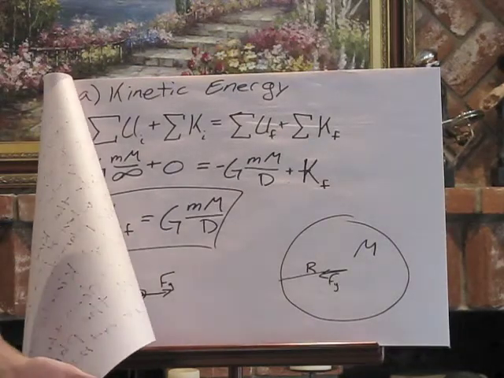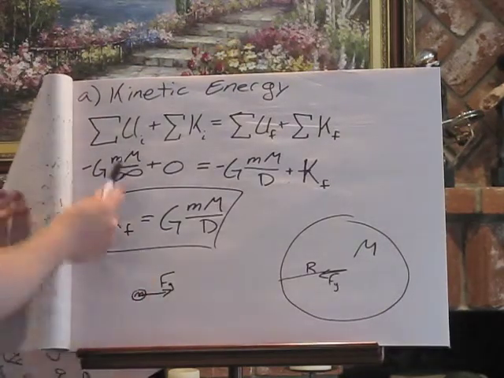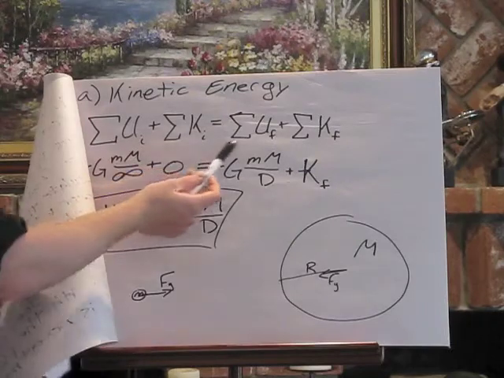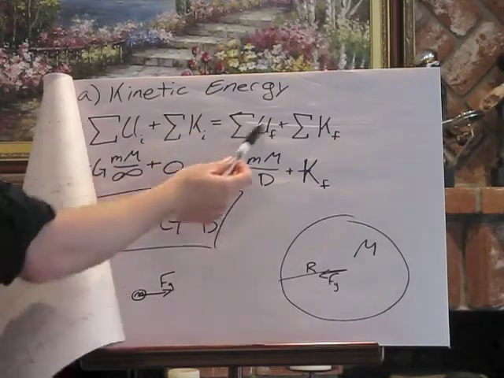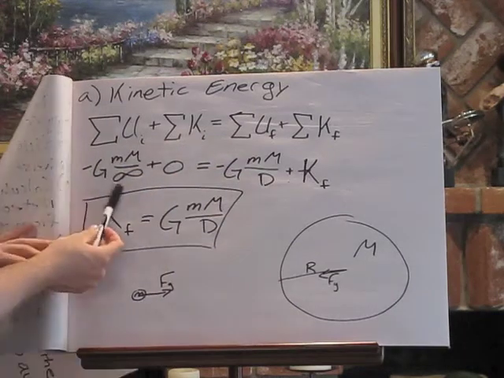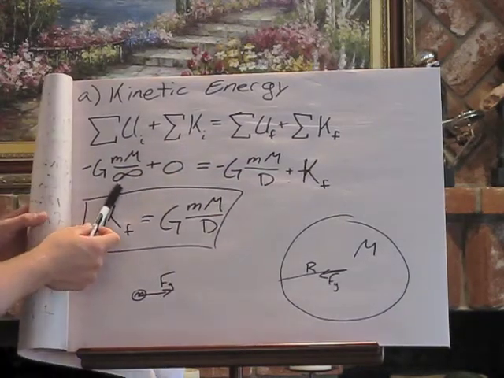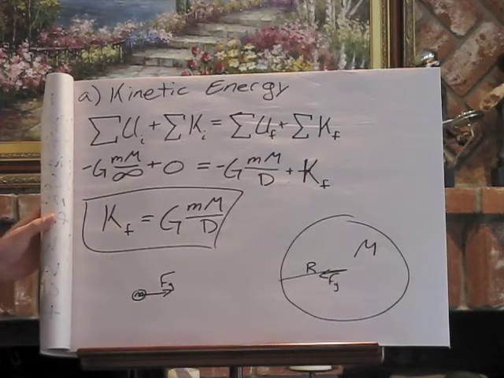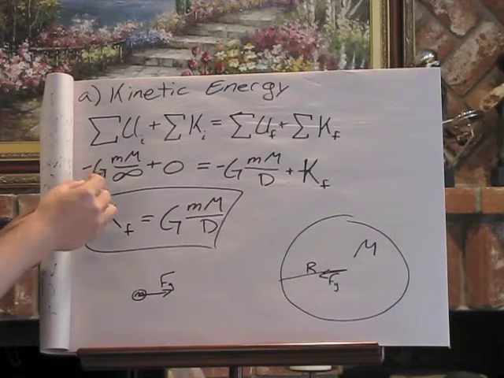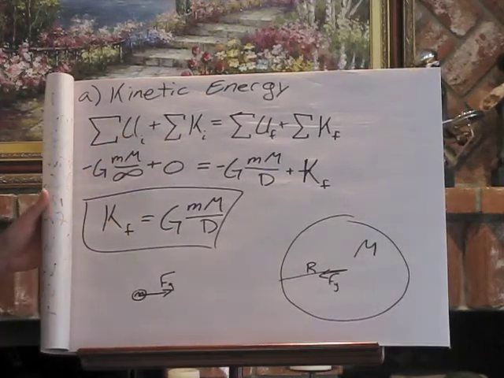Energy. Conservation of energy, right? So, initial potential plus initial kinetic goes to final potential plus final kinetic. Now, we see potential energy is 0 at an infinite distance away, where it's G times the mass divided by the distance away.